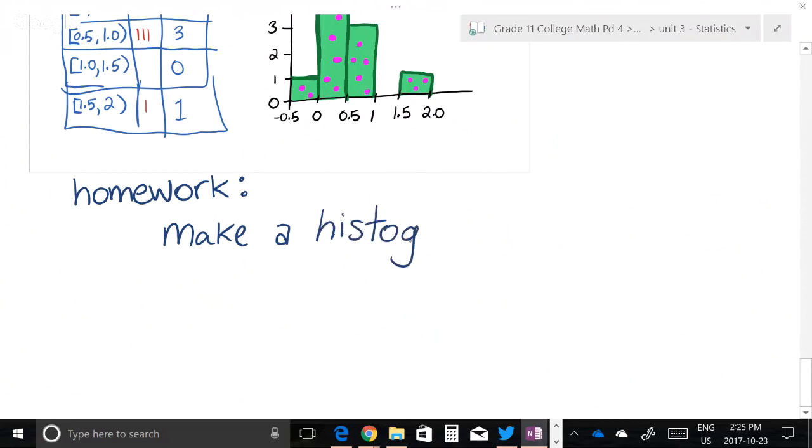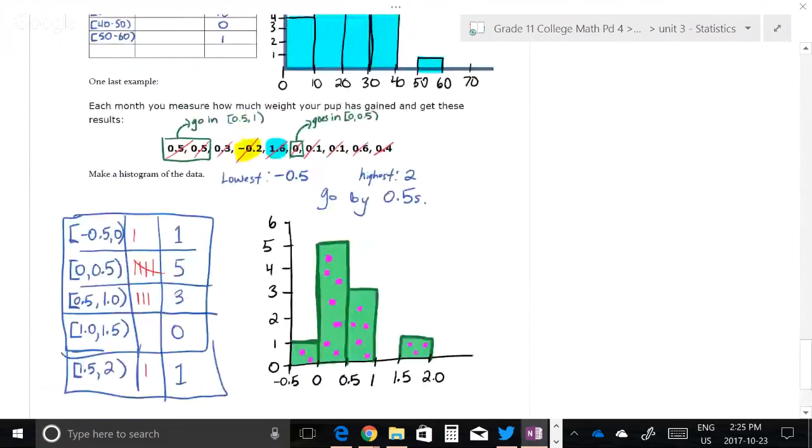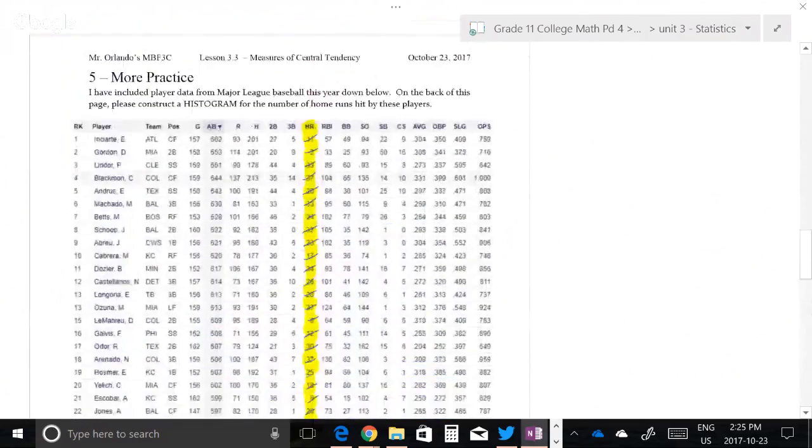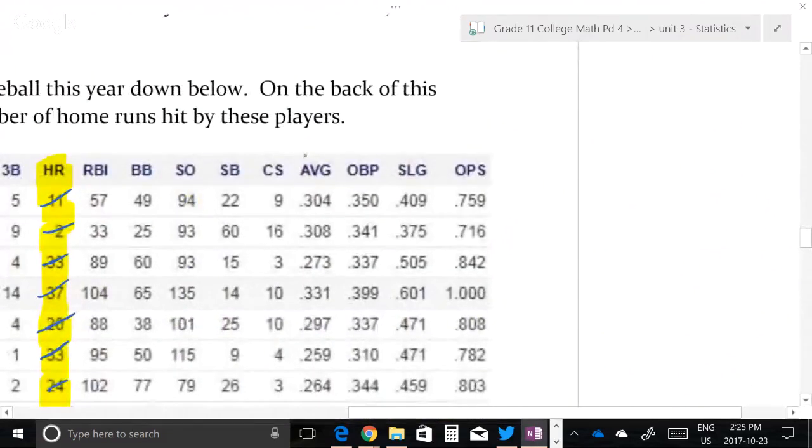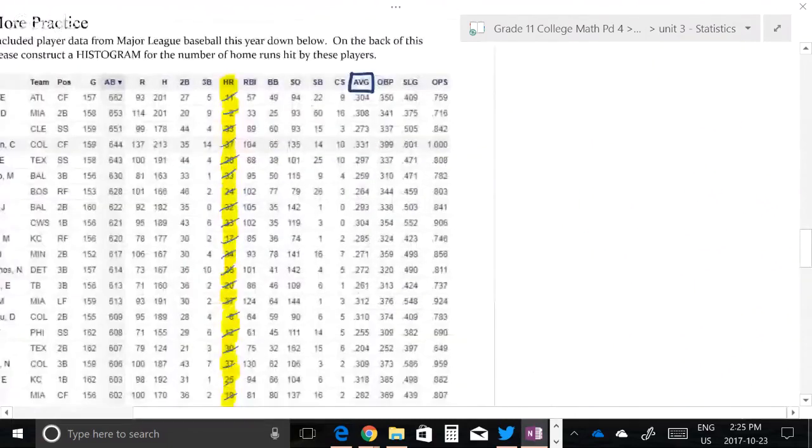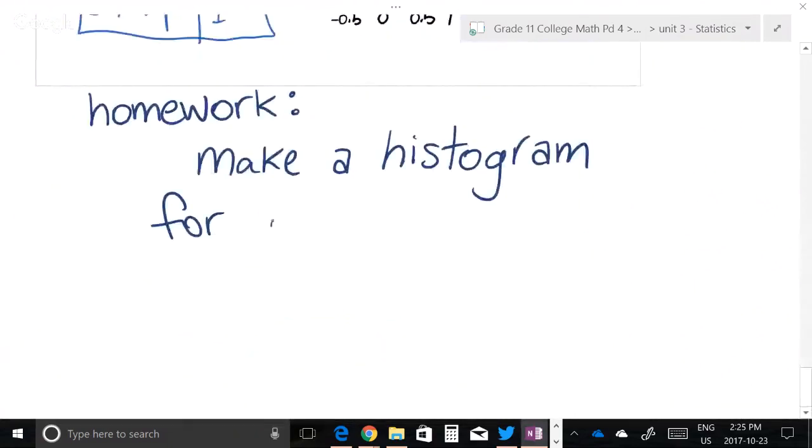This has no textbook work on it. Make a histogram for averages. It's a decimal number too.